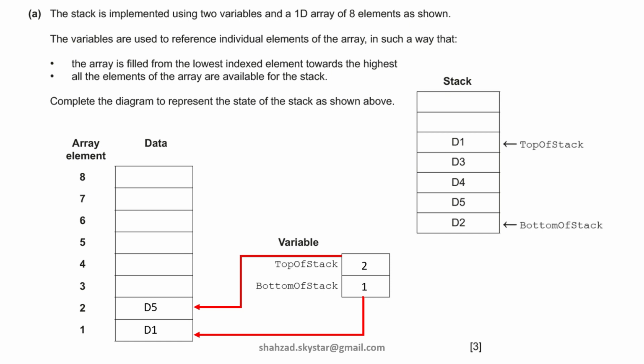After this, top of the stack will point to 2 and the value at index 2 is D5. Top of the stack is 3 and the value will be D4. Next, top of the stack will be index 4 and the value in the stack will be D3. Top of the stack will be index 5 and the value in the stack will be D1.